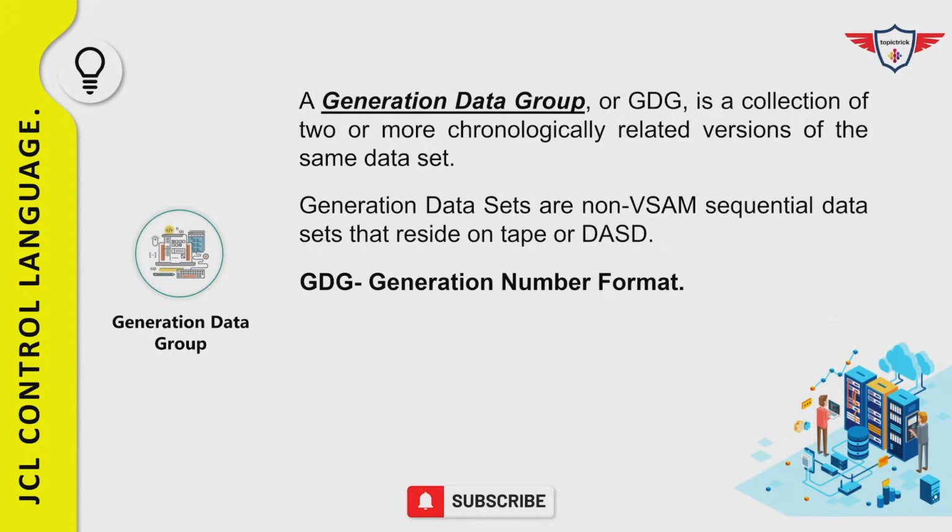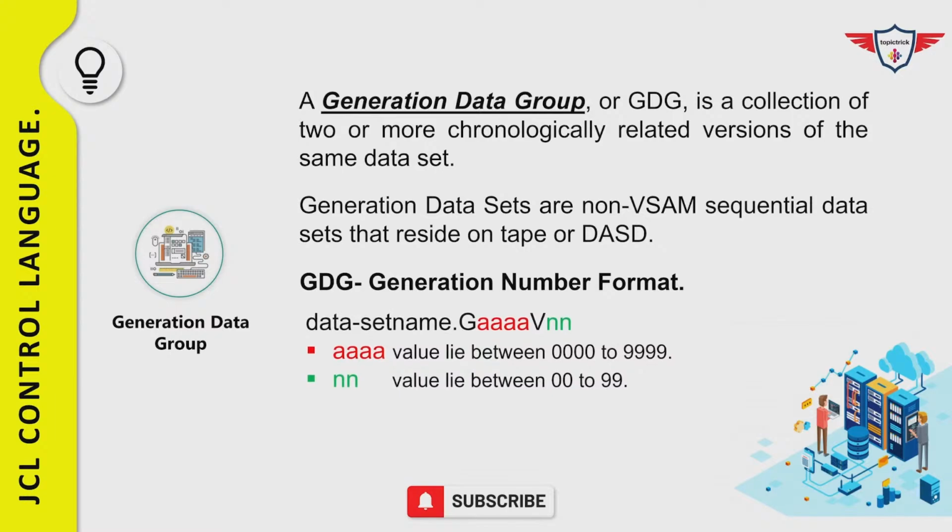The naming convention of a generation data group is slightly different from a regular dataset name. The operating system adds an absolute number at the end of the dataset name so that you can uniquely identify each dataset within the generation data group. So the format is dataset name dot absolute number followed by version number.